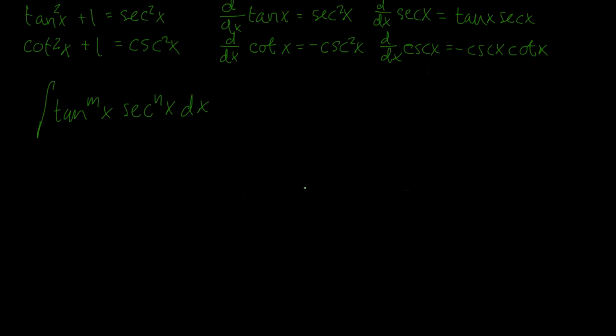Now there's one last rule of thumb that you can use, and it essentially states that when the m, the power of the tangent, is even, and the n, the power of the secant, is odd, you can rewrite all tans as secants and then apply a reduction formula. I'll show you the reduction formulas next, but I'll just give you one example here. So if we rewrite according to this rule, because this one's even and this one's odd, one of our options is to rewrite this tangent in terms of secant.